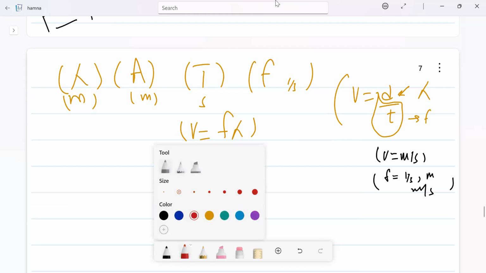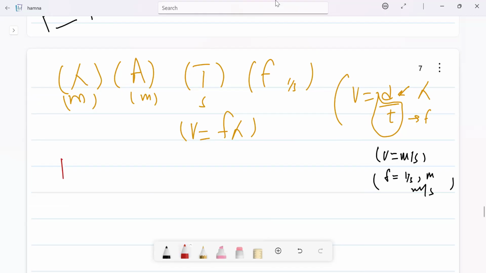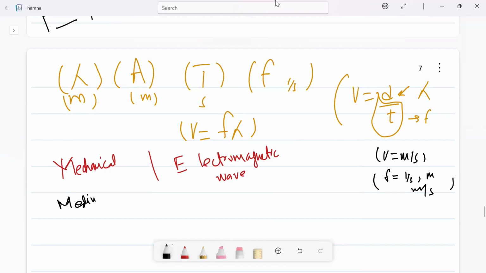Then we discussed the two types of waves, which were they? Mechanical and electromagnetic. What was the difference between these two? For mechanical waves, we require a medium, and for electromagnetic waves, we don't require a medium for their movement. These waves require a medium, they are medium independent, and examples are, for mechanical, sound waves, and for electromagnetic, light waves.